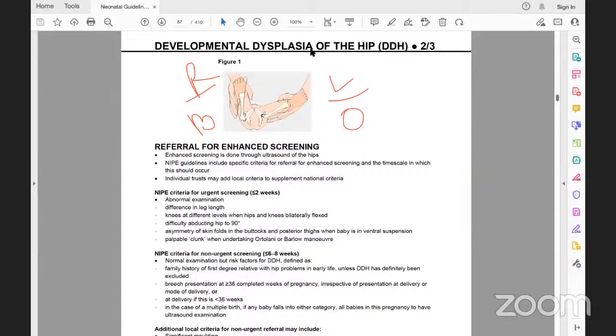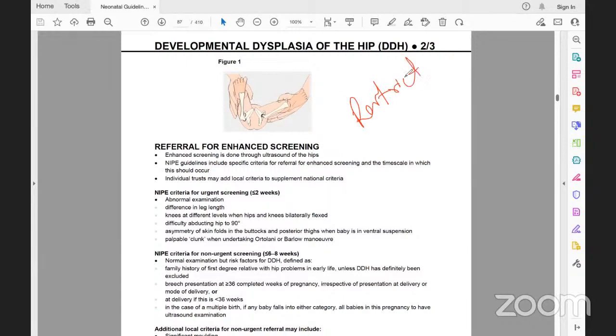Now tell me, which one is abduction and which one is adduction? Barlow is abduction and Ortolani is adduction. Yes, correct.